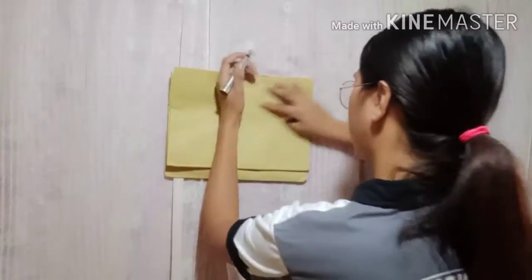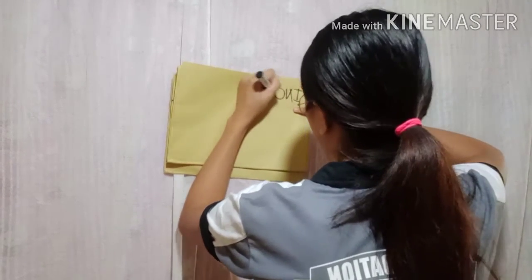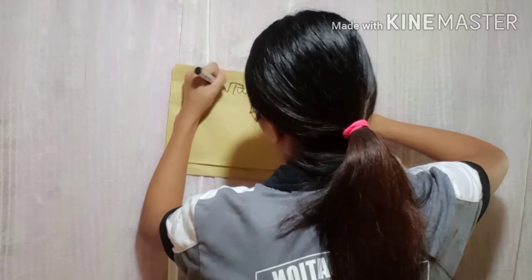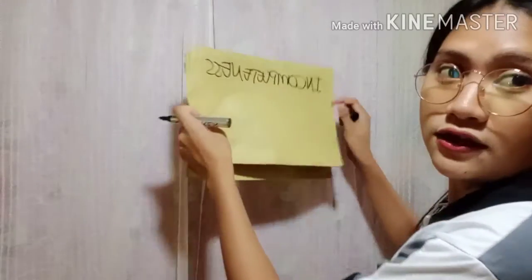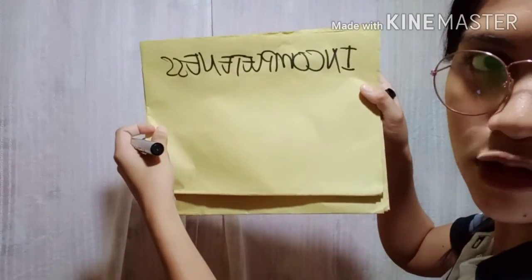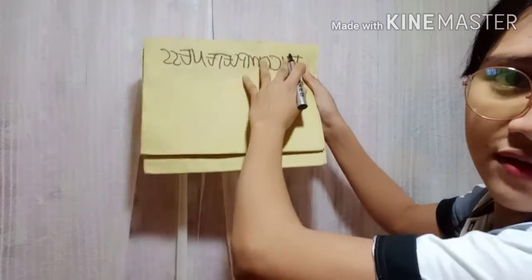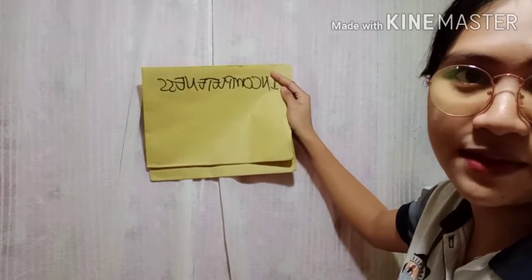The first example is incompleteness. We're going to divide the word to give the specific meaning of each part.